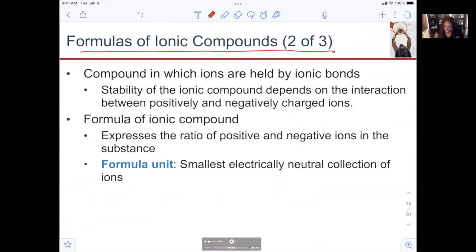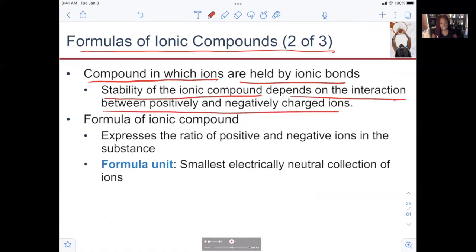So ionic compounds are compounds in which ions, once they are made, are held by ionic bonds. Remember, there is stability in the ionic compound, and it depends on the interaction between the positively and negatively charged ions. For example, remember sodium metal loses 1 electron to make sodium ion. Chlorine gas gains an electron to form chloride ion.